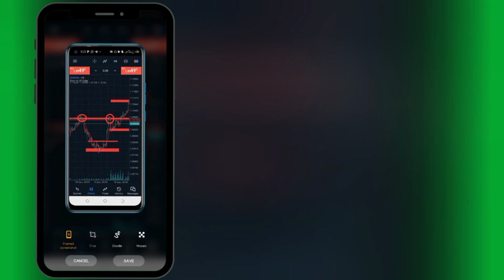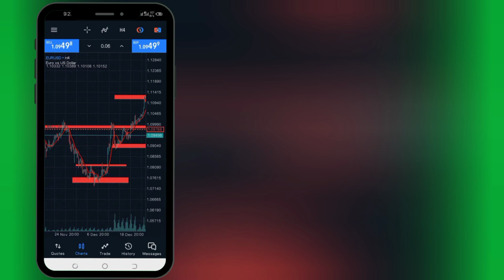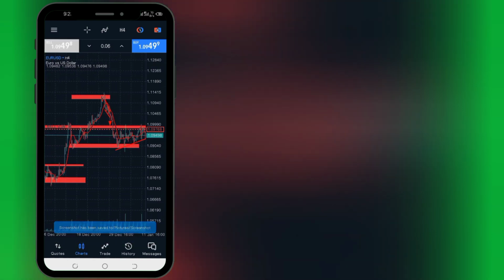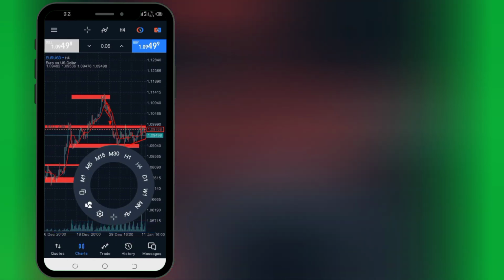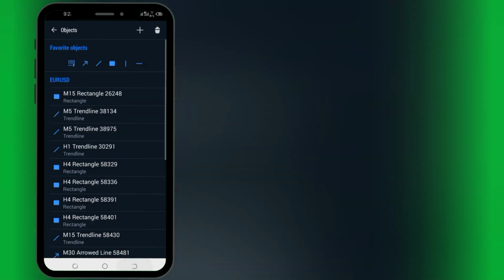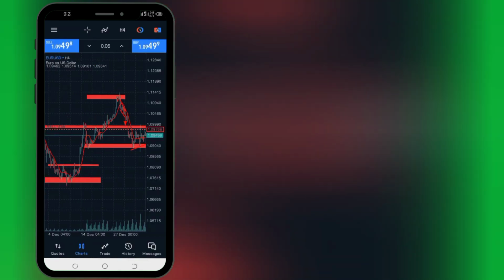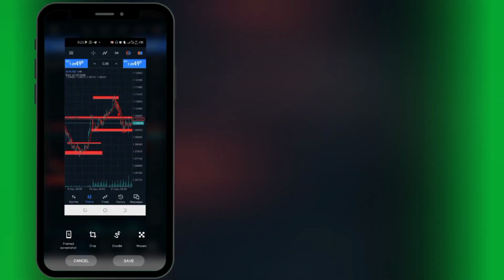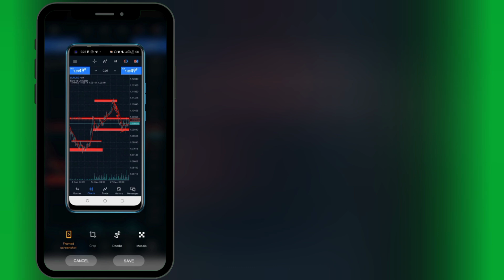This is a resistance zone. When the market broke out of this resistance zone, I was waiting for the market to make a U-turn, to give me a reaction, and here the market started making a U-turn around this place.